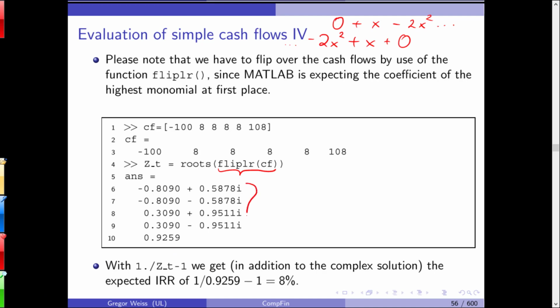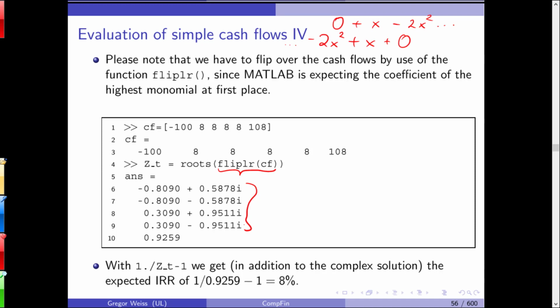As you can see, all of these results are complex numbers with one exception, and that's 0.9259. I told you last time one should be very careful when neglecting and when discarding complex solutions. In this case, it is quite clear that this is the only solution we need. This is the only real solution, the real number.